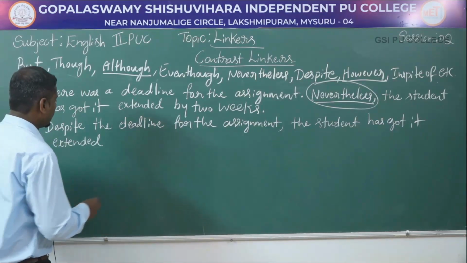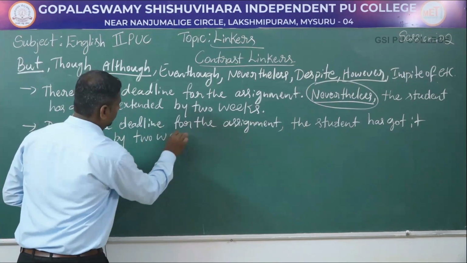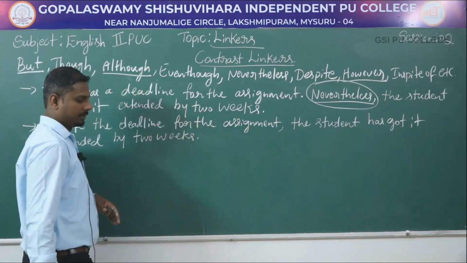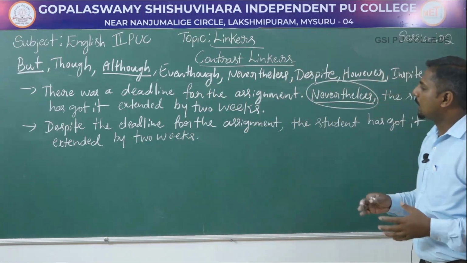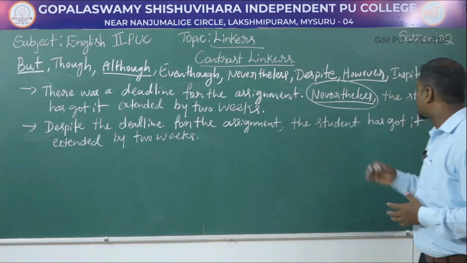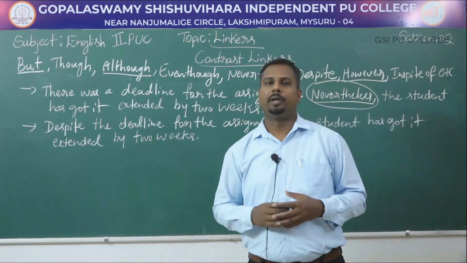The student has got it extended by 2 weeks. So this is the sentence. Despite the deadline for the assignment, the student has got it extended by 2 weeks.